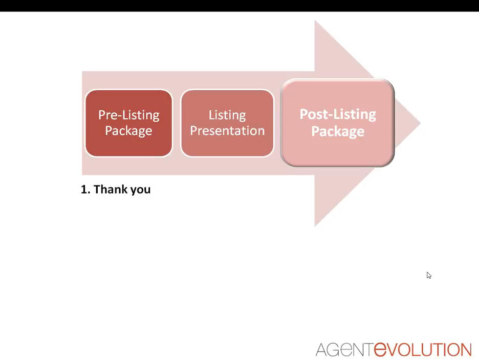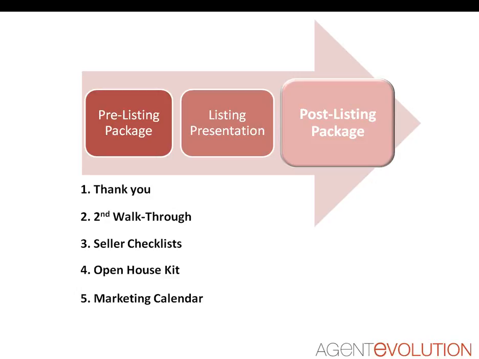A thank you, a second walkthrough, seller checklists, an open house kit, a marketing calendar, and a vendor list. And some of these items, I will say again, may be included perhaps in your listing presentation. And these are, again, just important items that need to be included. So let's take a look at these different components.